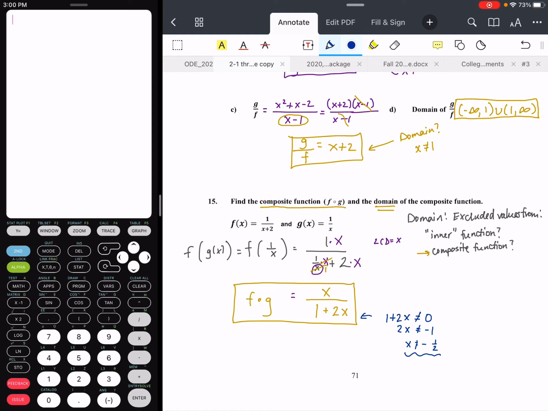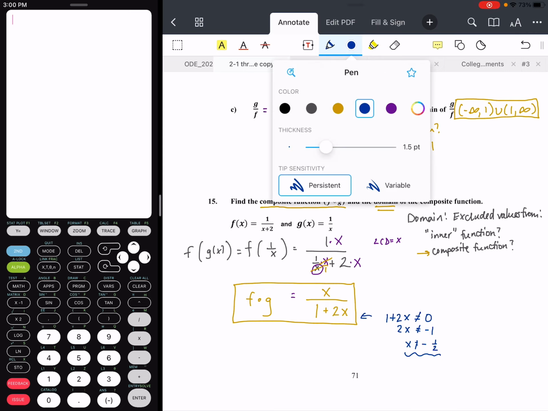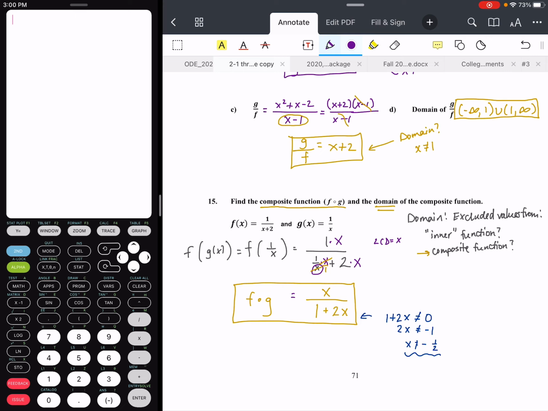But remember how I told you it was a good technique to take a look at your original denominator as well before you started simplifying stuff. So before we started messing with stuff, I had this fraction 1 over x, and that also can't equal 0, right? So I need to pay attention to my inner function, right? Are there any excluded values from g of x, from my inner function?